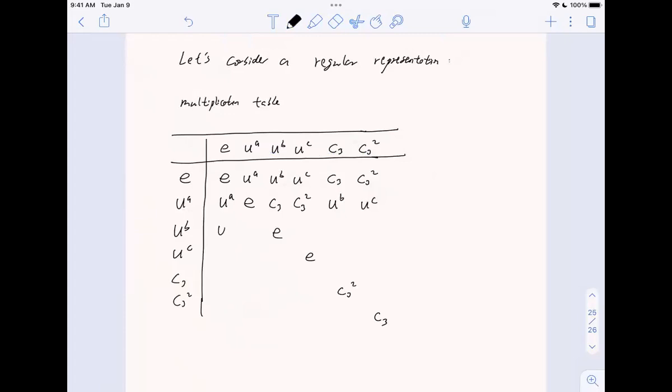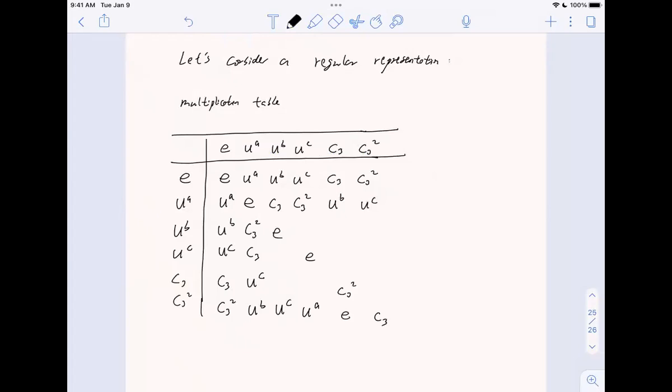UB, UC, and then C3, C3, UC, UB. Okay, I just copy.